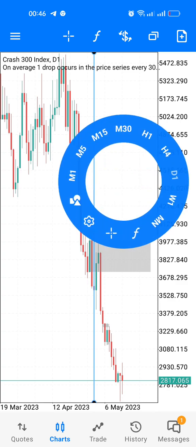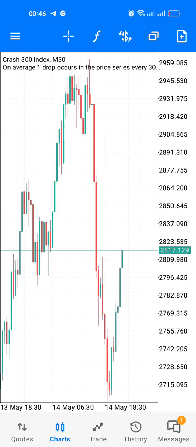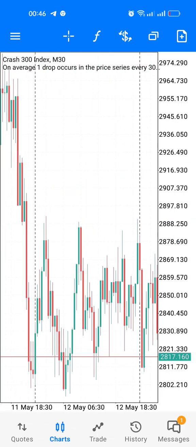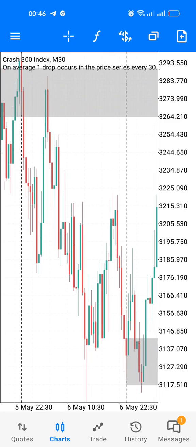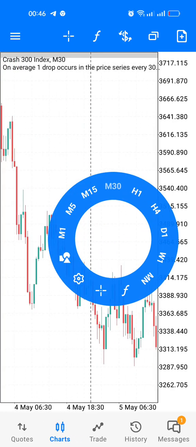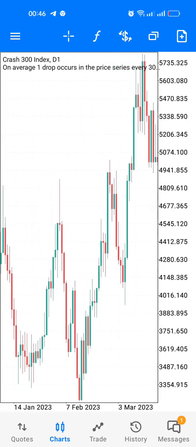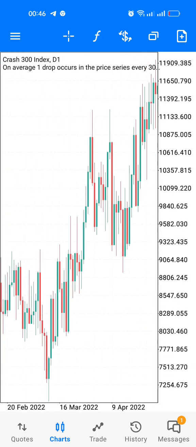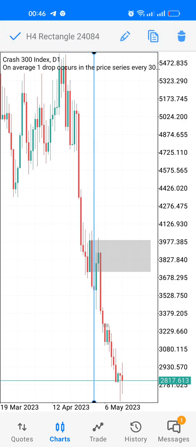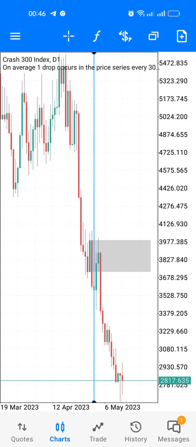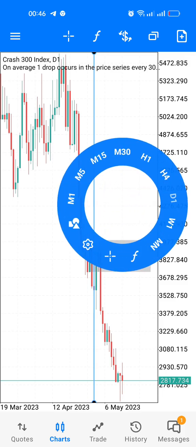Then so we go. Now I see too many markings. I don't know where they are coming from. Oh, they are from here. Let me remove them. Alright, so 30.